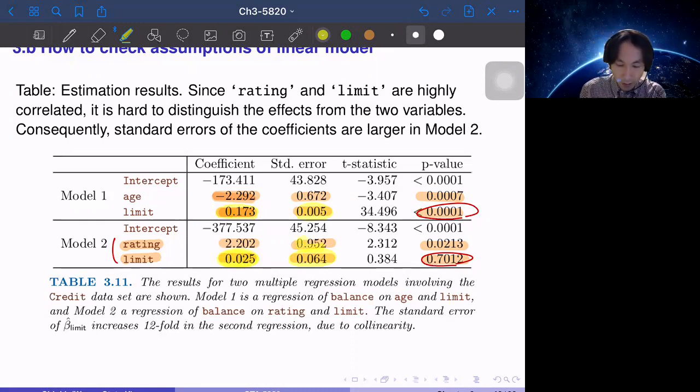The standard error for the coefficient of rating in model 2 is also pretty large. As a result, we have relatively large p-values, especially for limit: 0.0001 becomes 0.70. It's much larger and becomes insignificant.